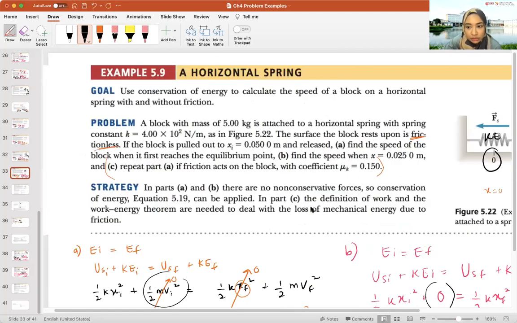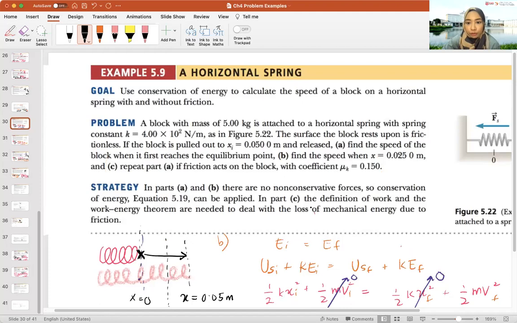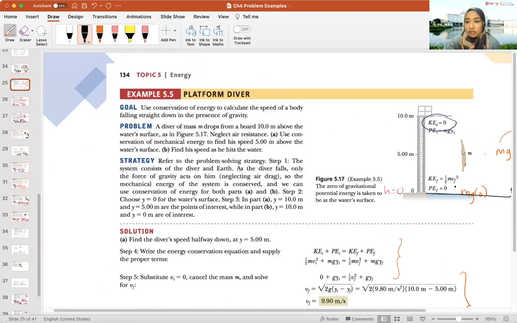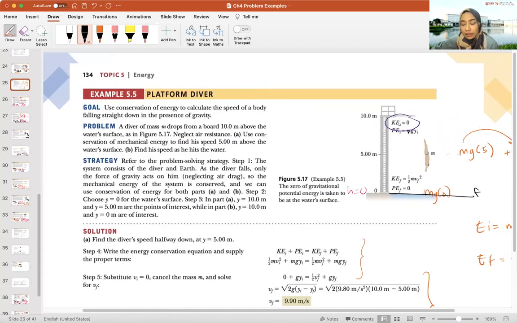So I want to relate this back to the diver problem. Okay, remember we started with KE equals to 0. And that is because the diver baru nak terjun, right? The motion tak start lagi, dia tak bergerak lagi. So KE equals to 0. But when he dived over here, we said that the diver had some KE. Because why?